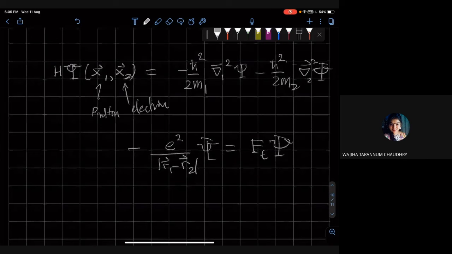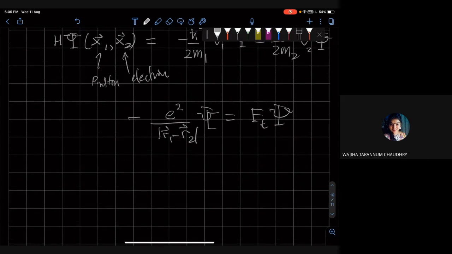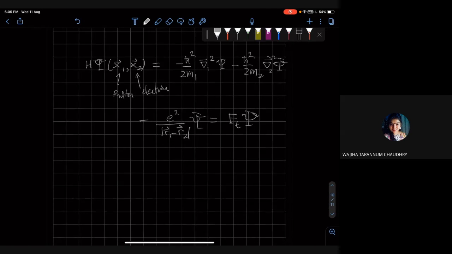So this is the energy eigenvalue problem, which is our time-independent Schrodinger equation. Here, subscript one refers to, say, proton. My handwriting today is not very good. And number two is the electron, okay?